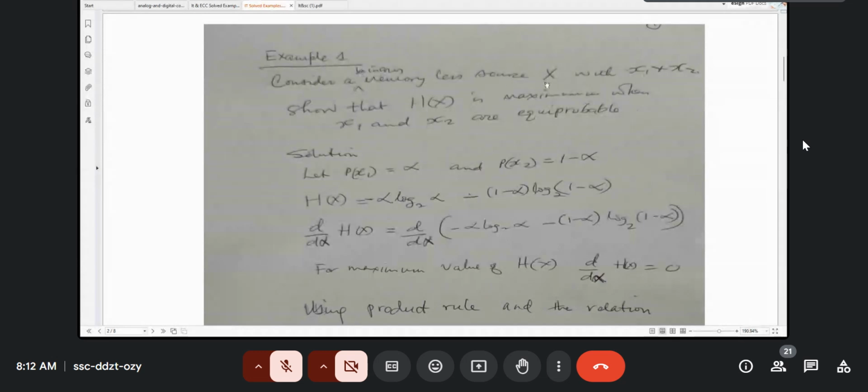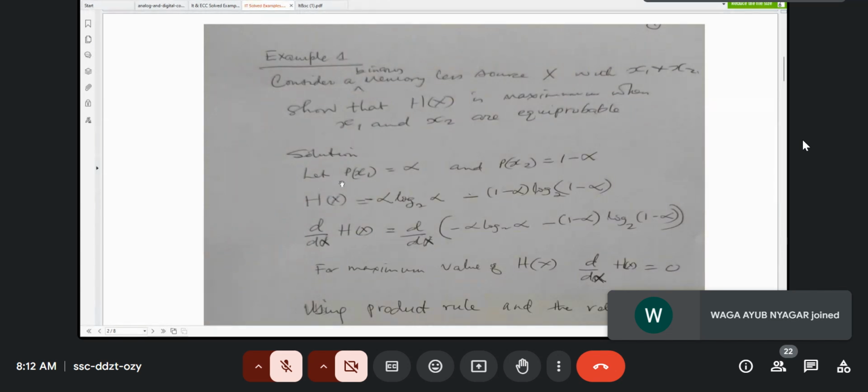A binary memoryless source X with the symbols X1 and X2, and you are to show that the source entropy is maximum when X1 and X2 are equiprobable. What you are saying is that the probability of X1, Px1, is 0.5, and so is Px2.